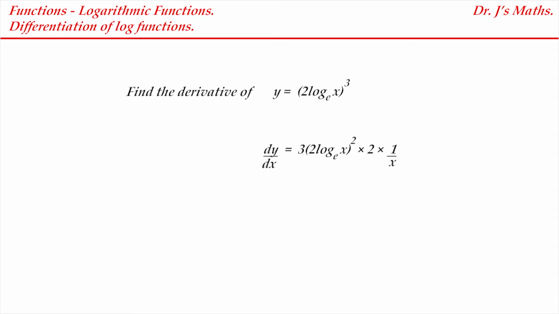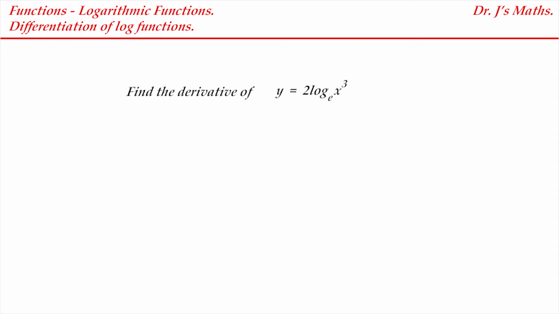So dy/dx is equal to, bring the 3 down the front, rewrite the brackets, 2 log x to the base e, take 1 off the 3 to give us a new index of 2, then multiply by what's inside the original brackets. So the 2 just goes down because it's a constant, and the derivative of log x to the base e gives us 1 over x. So tidy that up, 3 times 2 is 6, bracket 2 log x to the base e all squared, all over x.